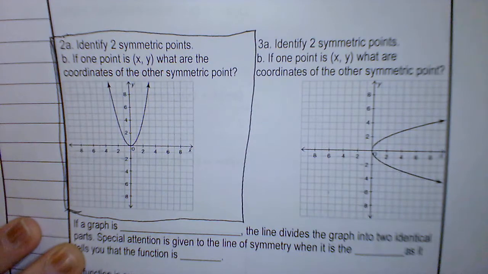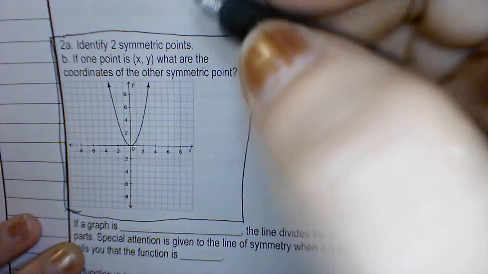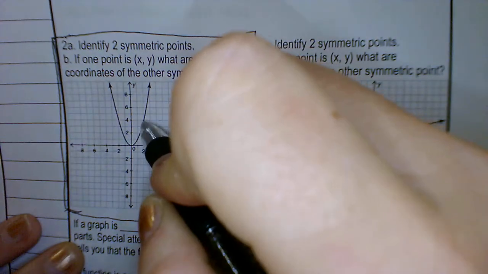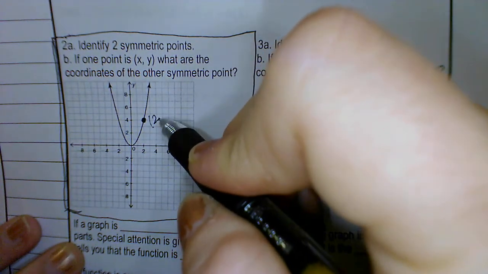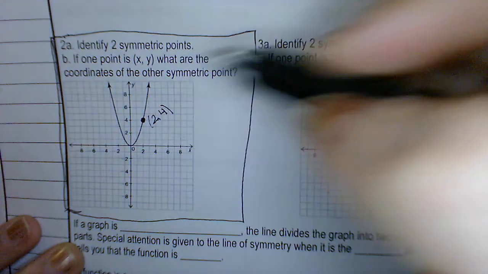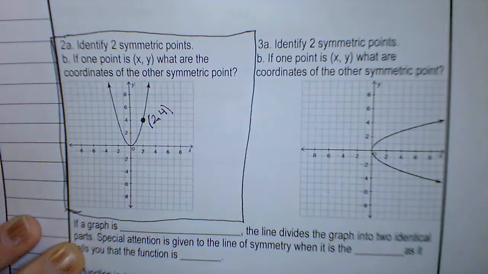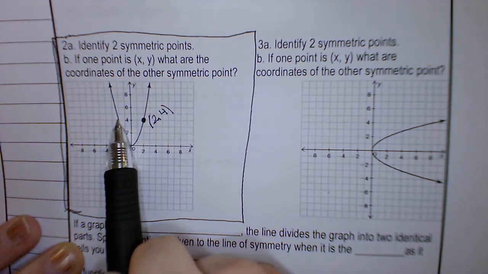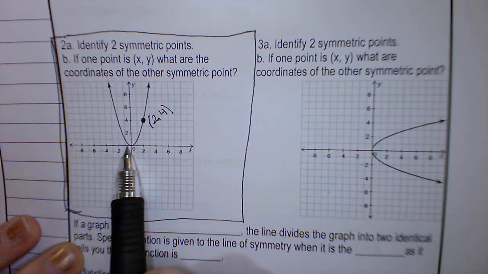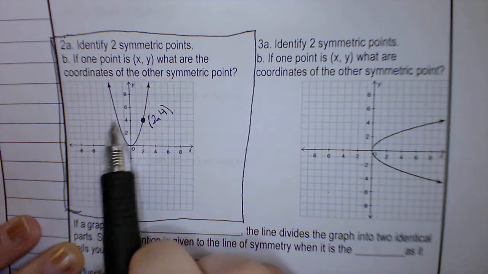The point I'm going to pick, just because, over 2 up 4. I'm going to label that 2, 4. And that's symmetric to, just on the other side of our line of symmetry, negative 2, 4.